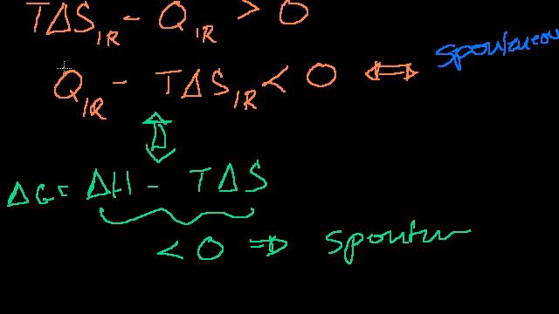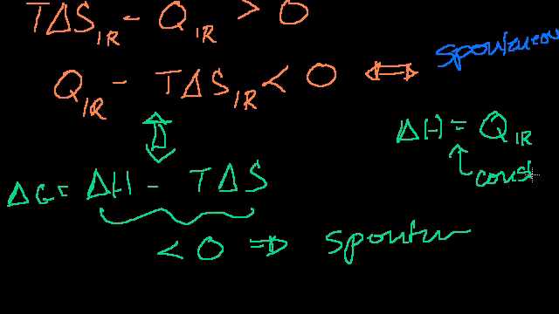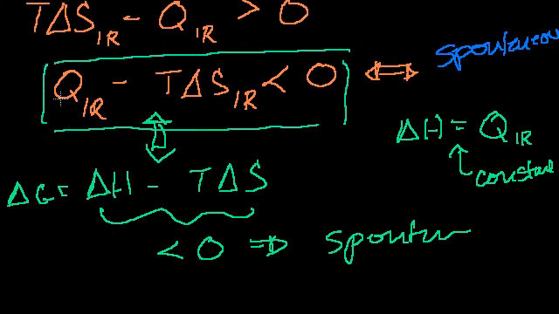What's the only difference here? Here we wrote heat added to the system; here we wrote change in enthalpy. And I've done 3 or 4 videos where I say that change in enthalpy is equal to the heat added to a system as long as we're dealing with a constant pressure system.